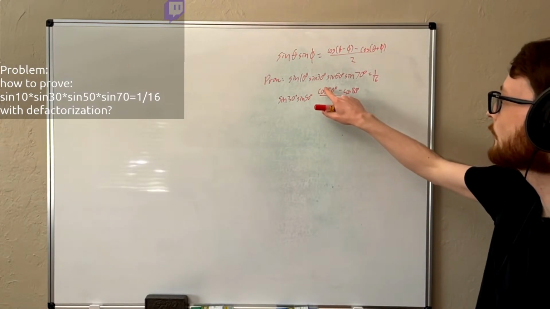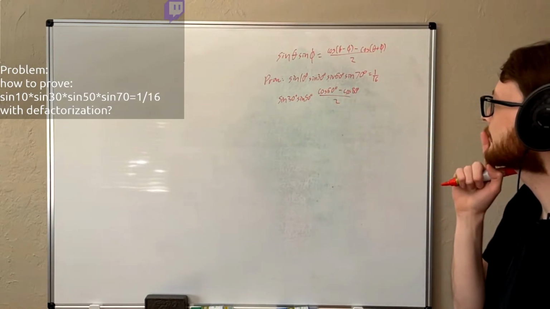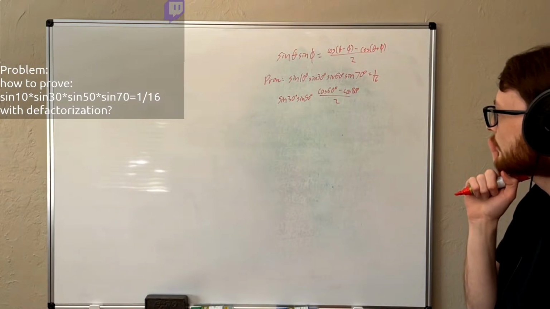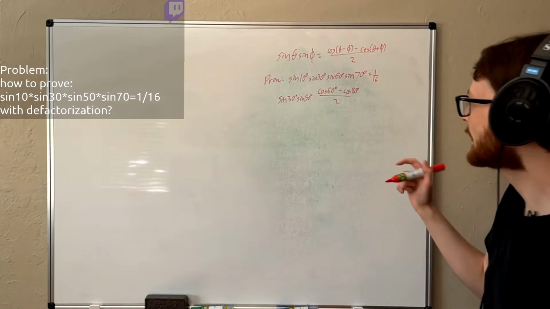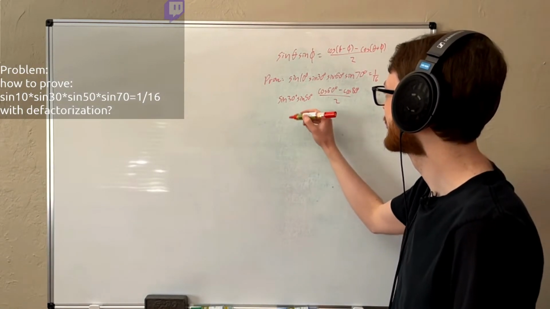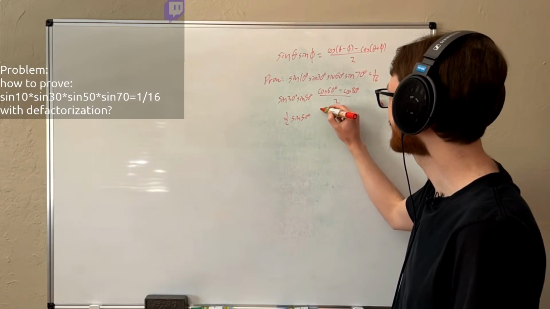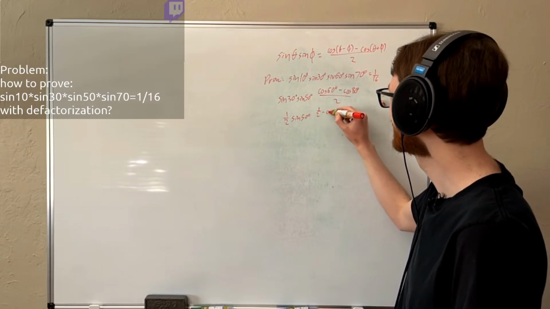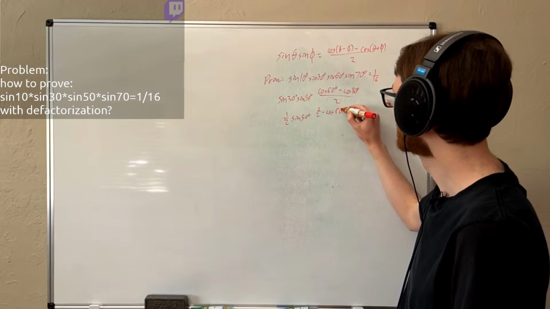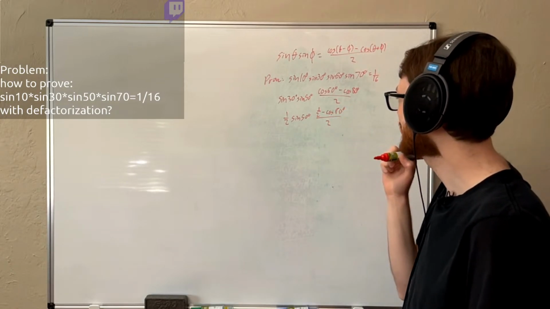So this is 1/2, this is 1/2. Should we actually do this? We might want to do this. So let's say sine 30 is 1/2. And maybe let's see where this simplifies. This might be premature.